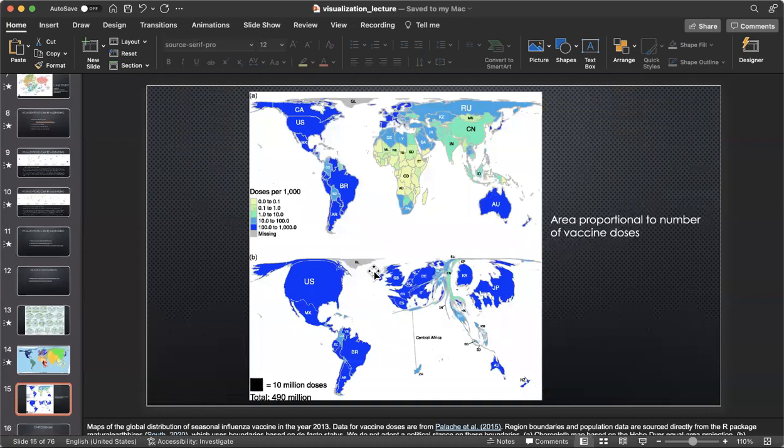For example, one of my collaborators and a good friend did this work looking at vaccine inequality, where the area in this particular map has been made proportional to the number of vaccine doses. And you can easily see that countries like the US, UK, some of the Western European nations, Korea and Japan had way more vaccine doses than other countries.